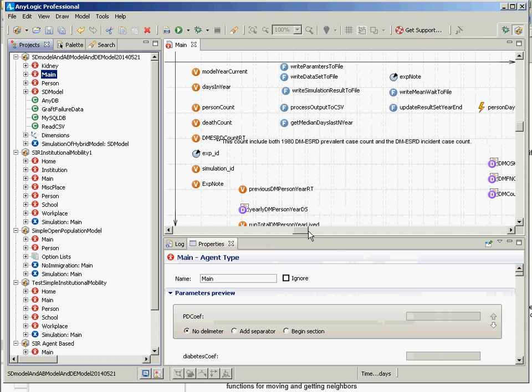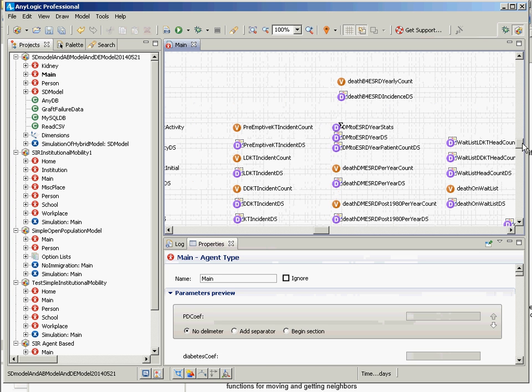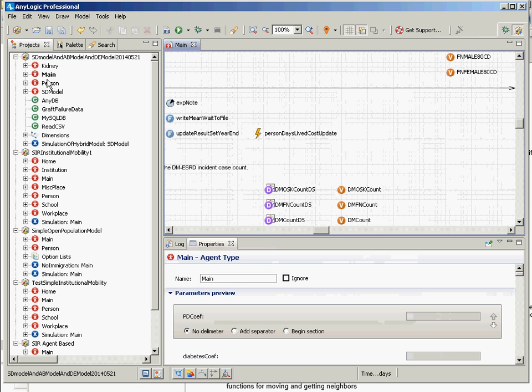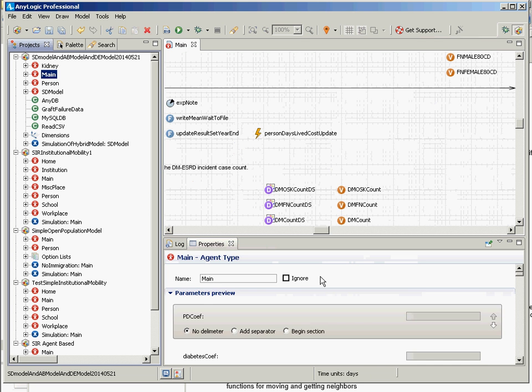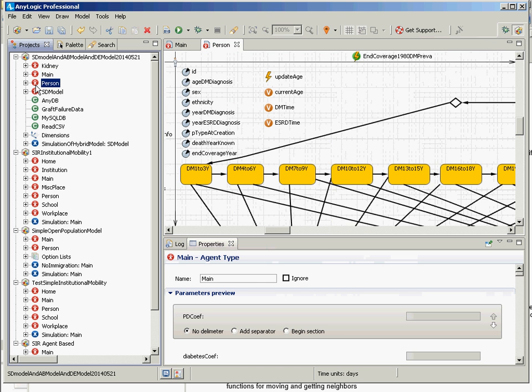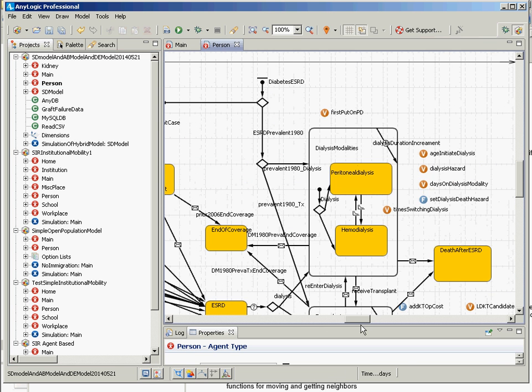So here we have 3 types of processes described with different systems. The first and maybe most central is one describing the evolution of an individual over time. These are diabetic individuals.